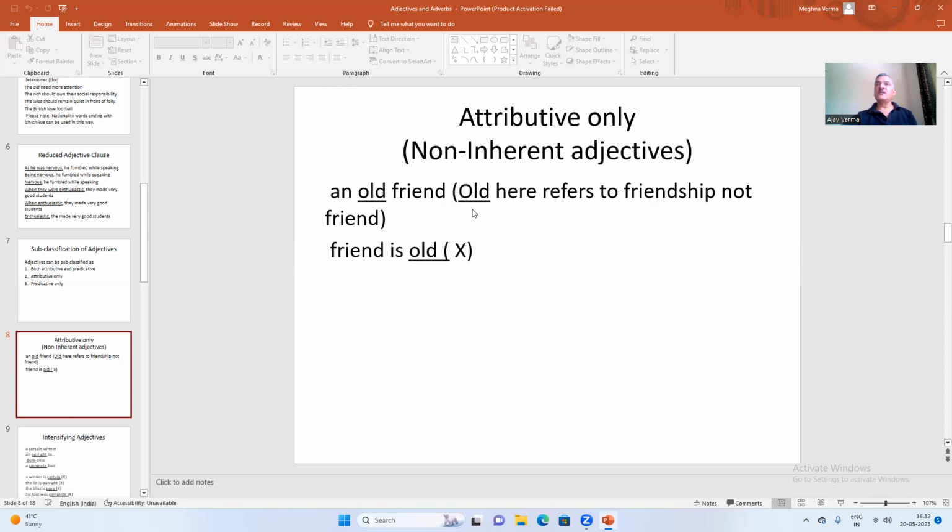Okay, so with such adjectives, it is wrong to say friend is old. Predicative use, okay, would be inappropriate. So, an old friend, non-inherent adjective, is used only attributively, and not predicatively. Okay. So, in your book, you have a list of such uses of non-inherent adjectives.